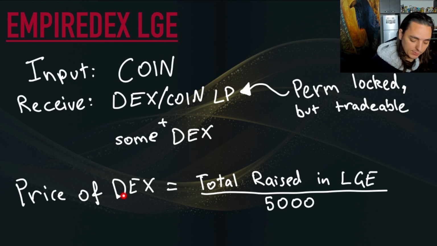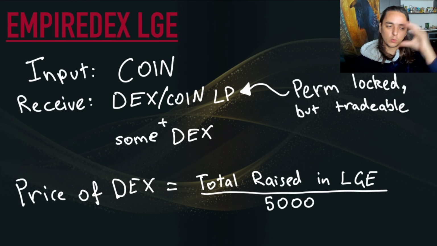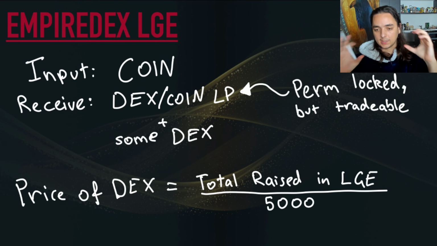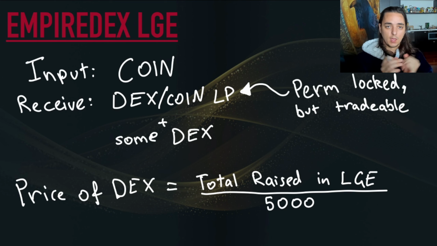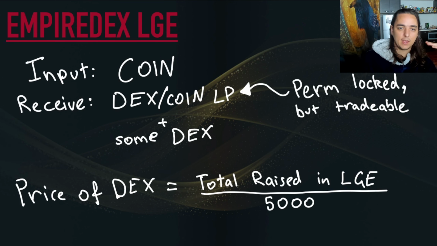So the price of the DEX token. When we launch our token, we have 10,000 tokens. 5,000 of them go into liquidity. So you take the total amount raised in the LGE and you divide it by 5,000. All the tokens that got put into the LGE get combined with 5,000 tokens, and price on an AMM is basically just a calculation between those two numbers.